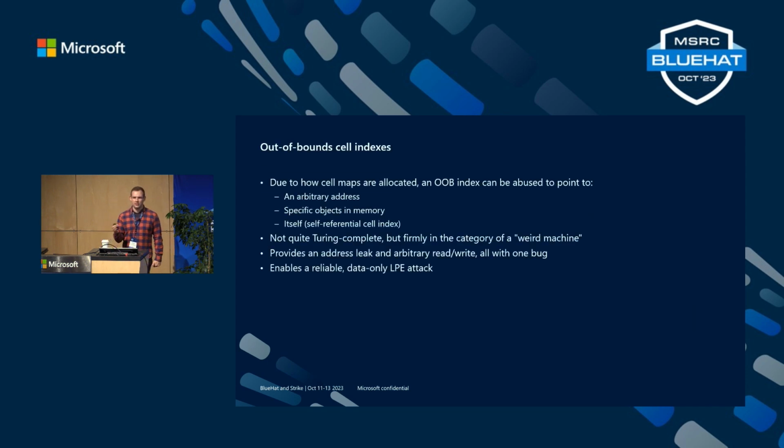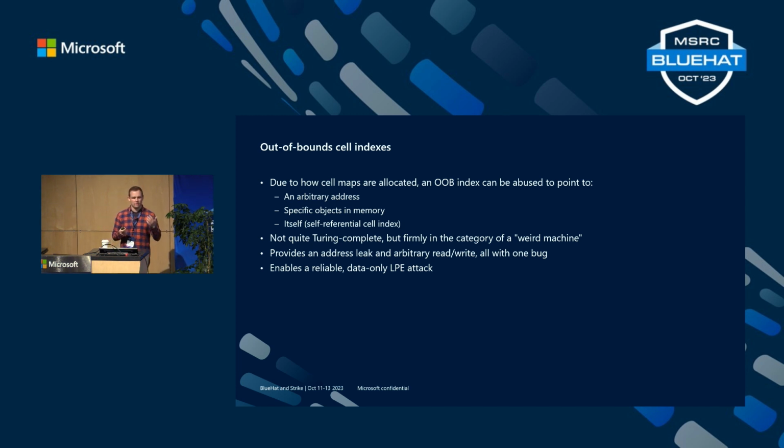And the trick here that we can use for successful exploitation is that because of how cell maps are currently allocated and because of some specific optimizations that are there in place, we can abuse cell indexes with an out-of-bounds cell index that is larger than the size of the actual Hive to which it refers to get very interesting primitives.